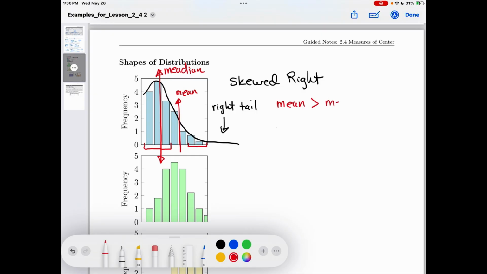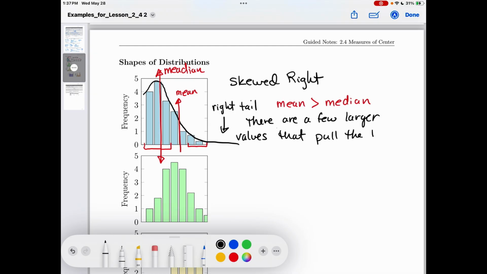So the mean is going to be bigger than the median. And that is because there are a few larger values that pull the mean to the right.